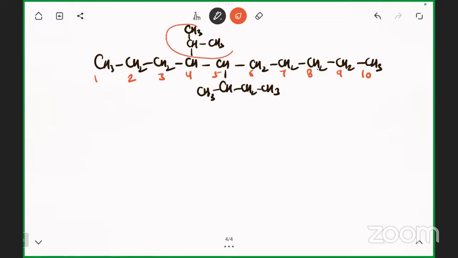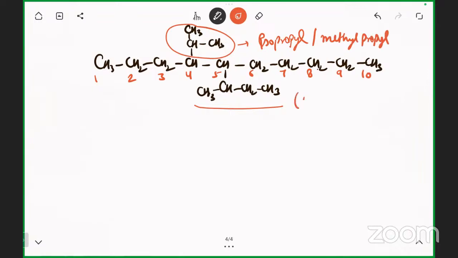Yes, this is isopropyl. And this? Butyl. Either write it as isopropyl or methyl propyl. Not methyl ethyl, sorry. What would be the name?